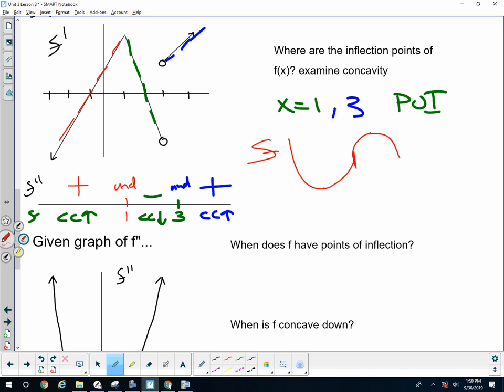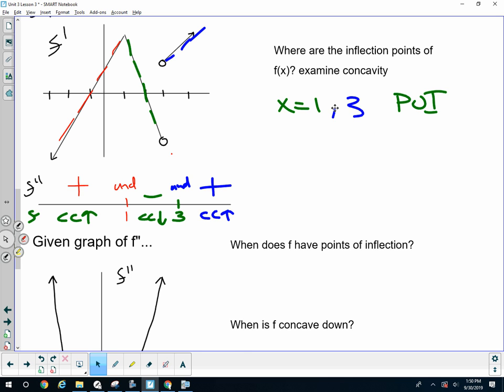And then at 3, we jump from decreasing concave down to increasing concave up. We would end up going like that. We have a sharp point. We go from concave down to concave up. We'll go from decreasing to increasing very quickly.